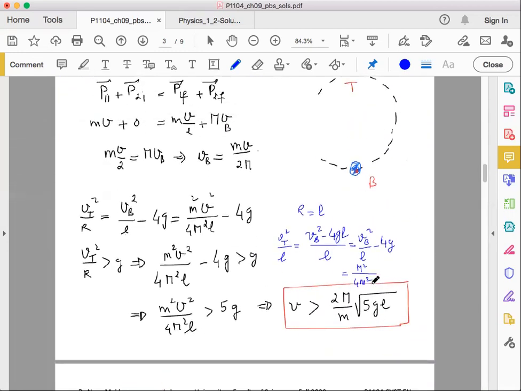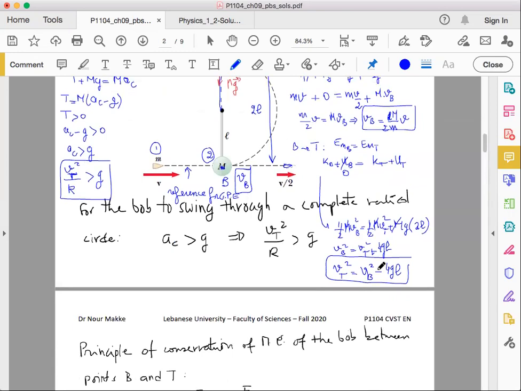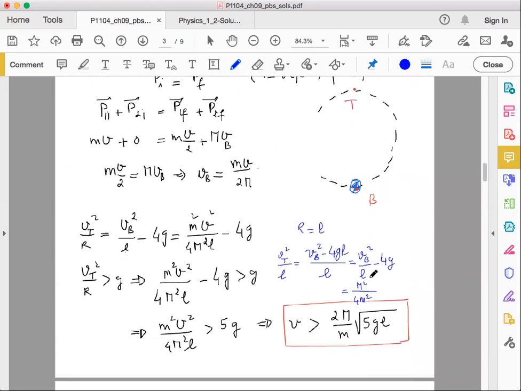And then we multiply by V squared, again, so sorry, it's a small m over capital M. So small m squared divided by 4 capital M squared multiplied by V squared, and then we have L in the denominator, so we end up with L in here minus 4 times G.